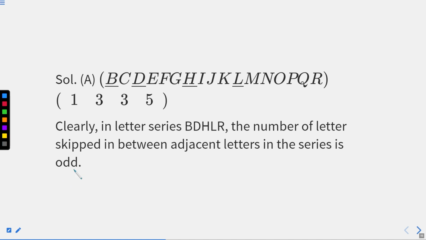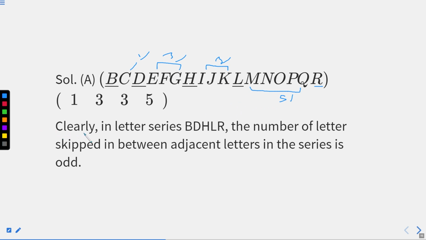So you can easily figure out that here we have 5 letters, here 3 letters, here 3 letters, and here only 1. So every number that we are getting is an odd number. Hence, it is satisfying the demand of the question.